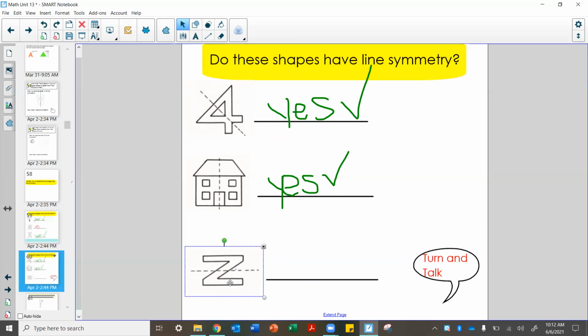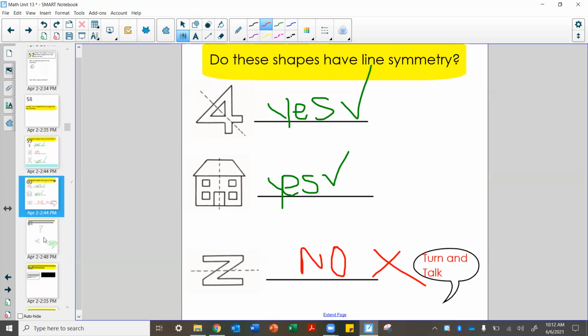Visualize you folding the bottom up. Would it match up perfectly with the top? So turn and talk, send a chat on Zoom, and then I'll reveal our answer. Okay, so similar to the one we did previously, no, it does not have a line of symmetry.